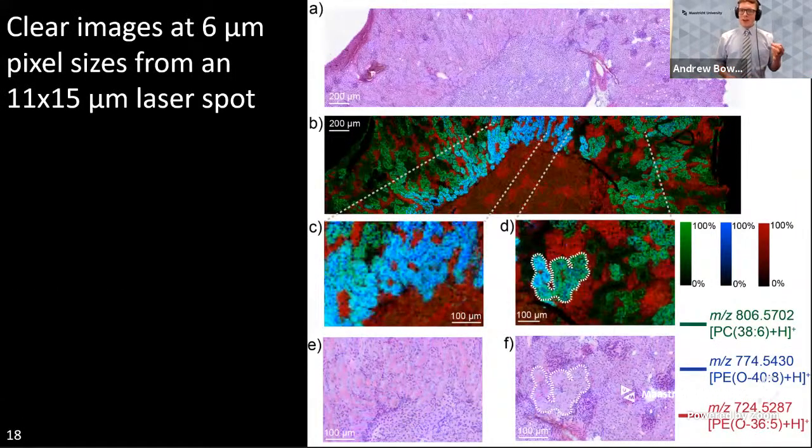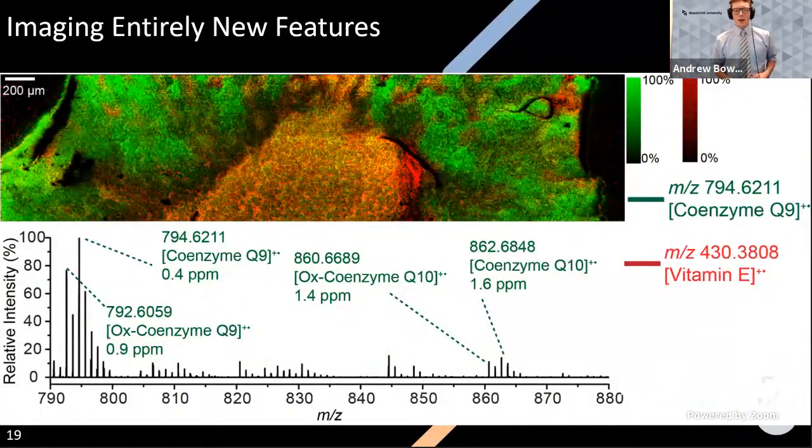And you're able to generate very clear images at a 6 micron pixel size from an 11 by 15 micron laser spot, which we show off here by being able to look at a number of the tubuli within a single mouse kidney. Additionally, because you open up further lipid classes with the use of MALDI-2, we can image entirely new features.